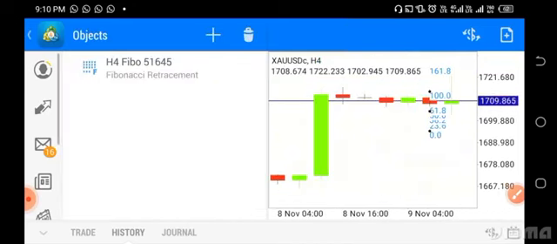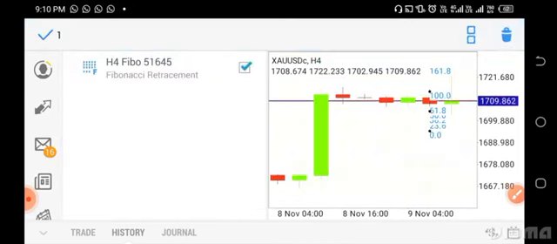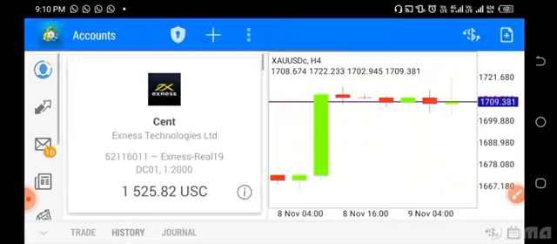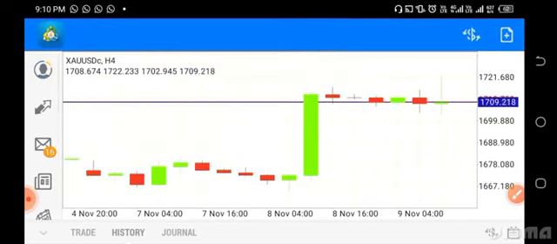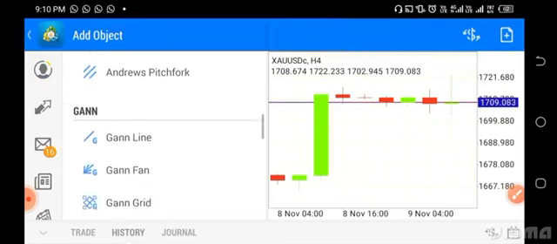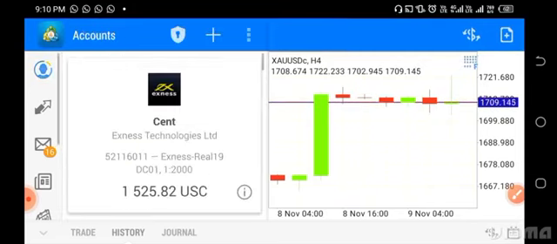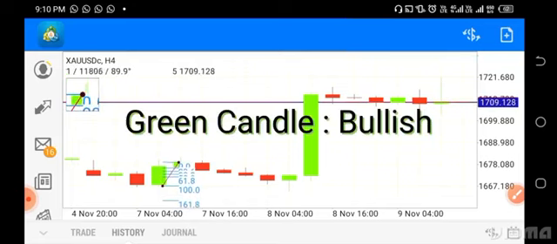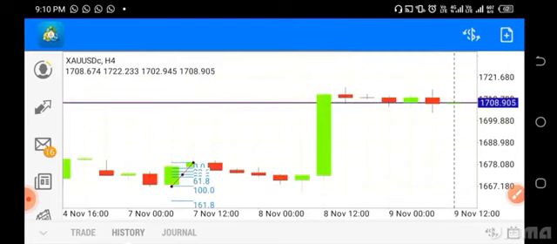First we delete that. No issue, we need to explain this strategy, so we draw it somewhere else where we can easily draw it. Go to the Fibonacci and select any candle. Like here there is a green candle, so you select this from bottom to high. You need to select bottom to high for the level.